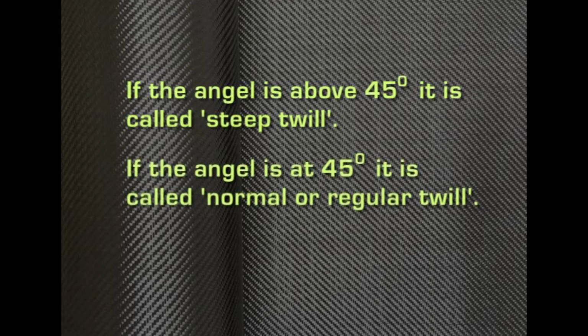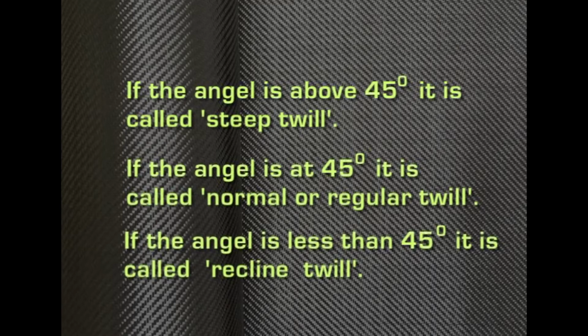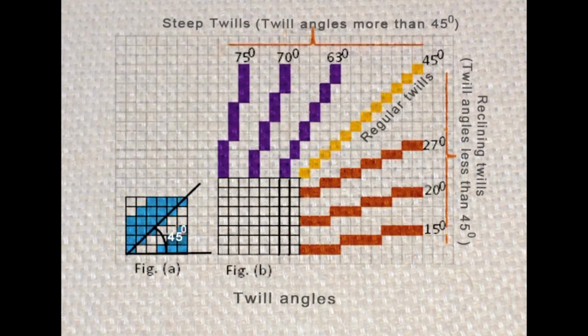If it makes a 45 degree angle, it is called a normal or regular twill, and if it makes less than 45 degrees, it is called a reclined twill weave. Reclined twill weaves are not as strong as the steep and regular twills. The regular twill is the most wanted type of twill weave. Unless much strength is required, they will go only for the regular twill and not for the steep twill or the reclined twill.